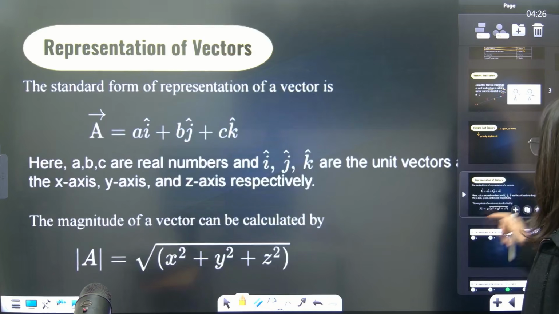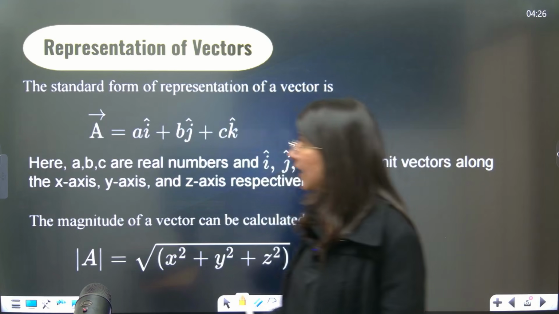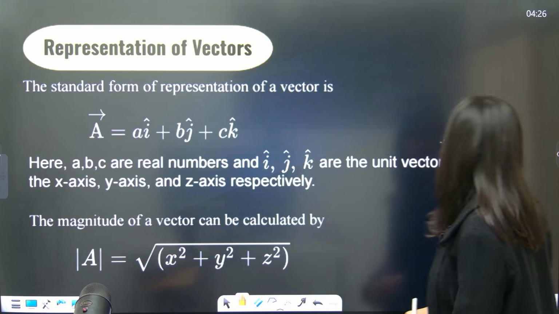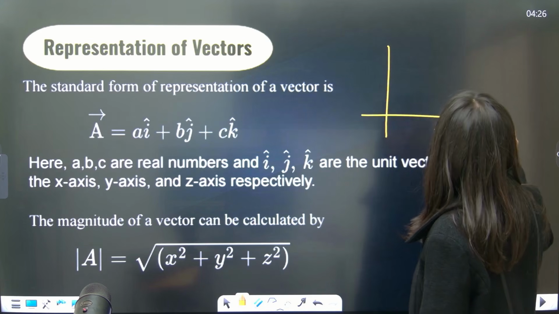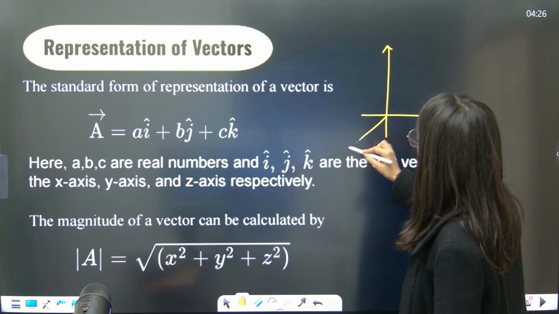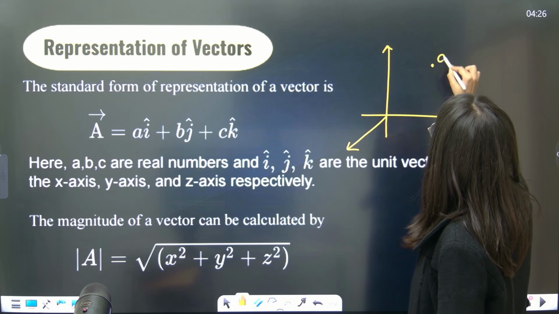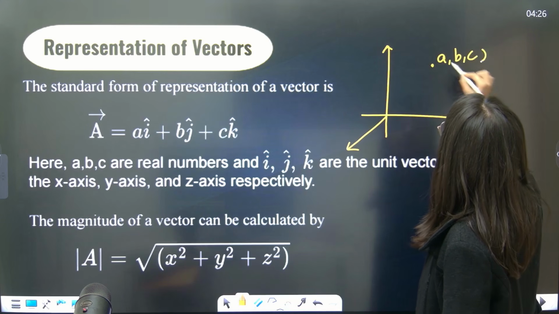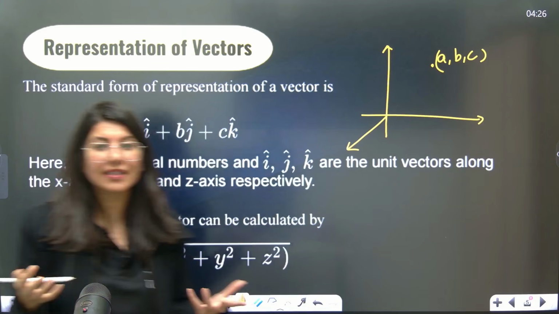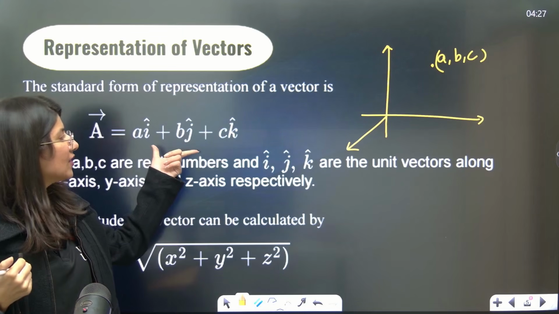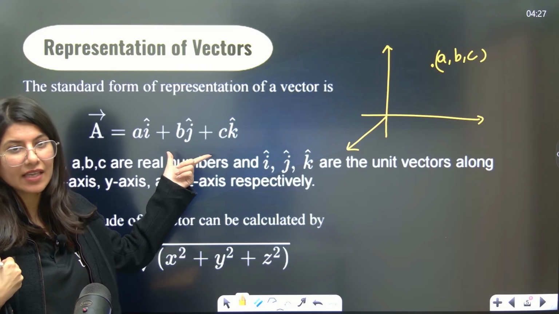Now, representation of a vector, let us understand that. Suppose we are having a point in a 3-dimension plane, (a, b, c). X coordinate is a, y is b, z is c. So vector representation will be a i cap plus b j cap plus c k cap.